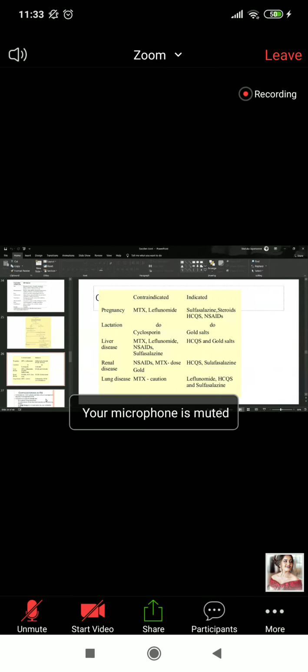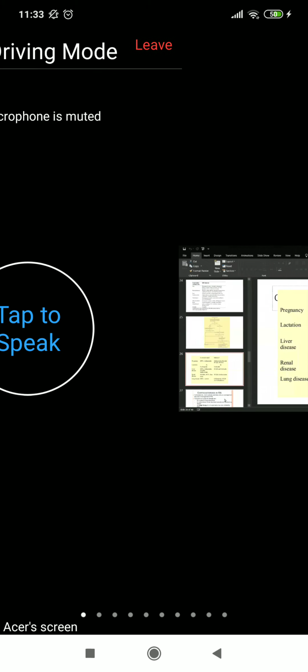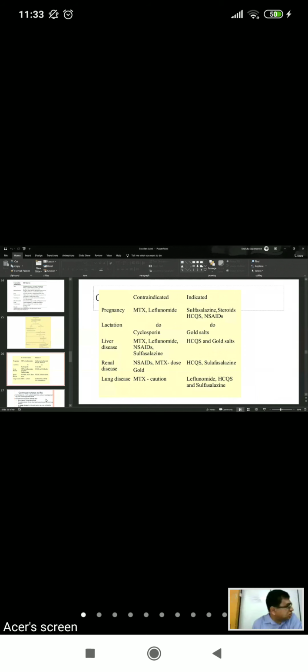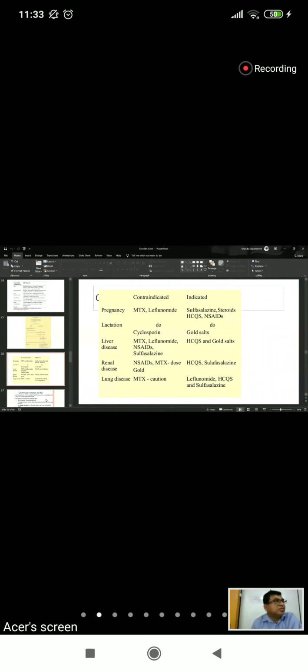Hydroxychloroquine, sir. Yes, and what is the other disease-modifying drug? Steroid. Yes, steroids we can use, hydroxychloroquine we can use, and sulfasalazine is the other indicated drug.